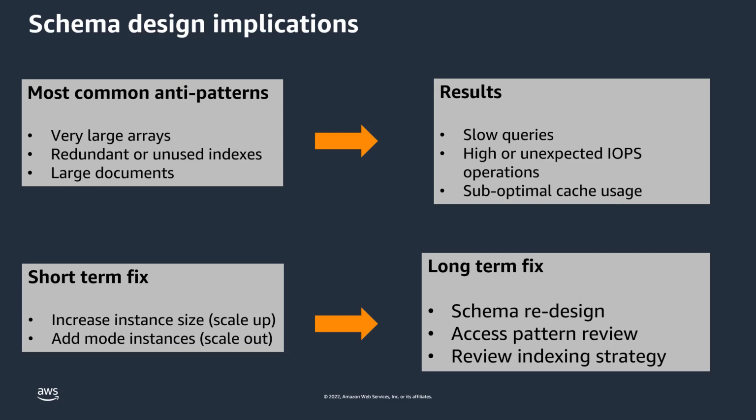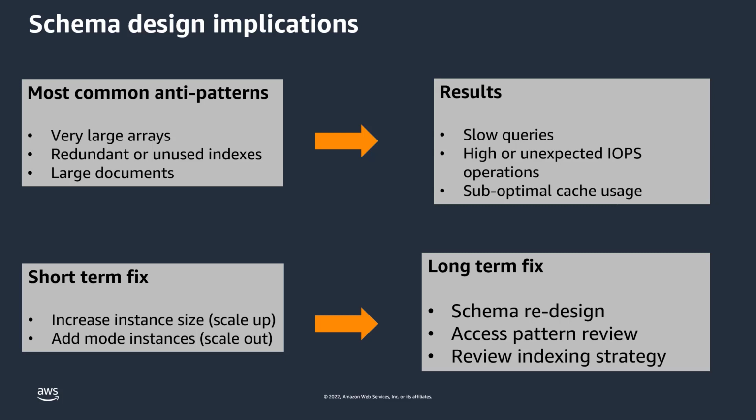Commonly, those are slow queries that can take hundreds of milliseconds, seconds, or even minutes, which will affect the end user experience. It can also lead to high input-output operations to or from storage, instead of caching the working set in an optimum way, working set being the indexes and the most frequently accessed data.